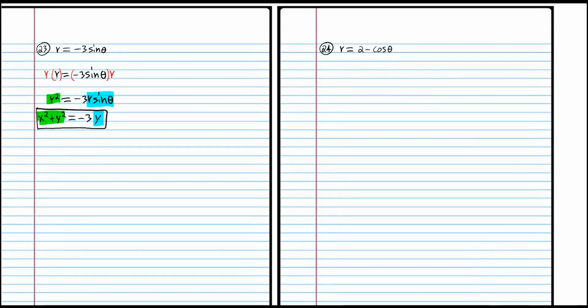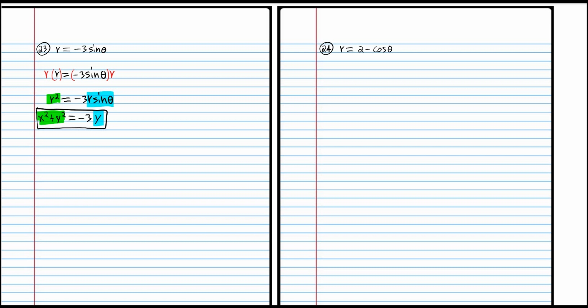So why don't you try number 24? Number 24 is going to be more of a challenge. You may end up with a square root x squared plus y squared. So if you do end up with a square root x squared plus y squared, that's okay.